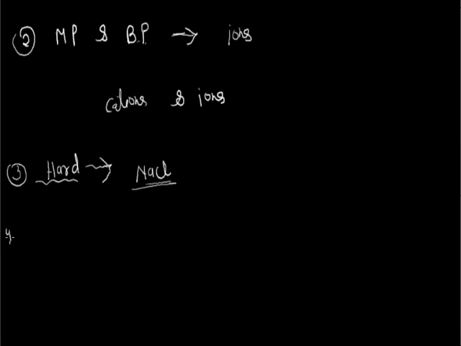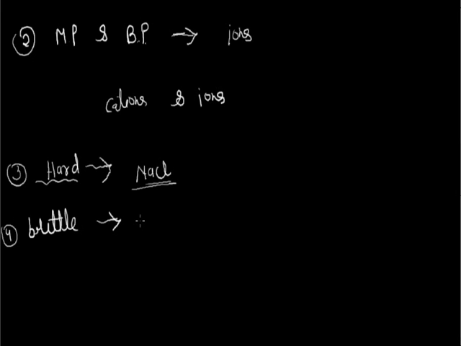The fourth important property is their brittle nature. As we know, metals are malleable and ductile, meaning metals can be converted into thin sheets or thin wires. But this property is absent in ionic compounds, and when we apply force on ionic compounds, they break into small pieces.